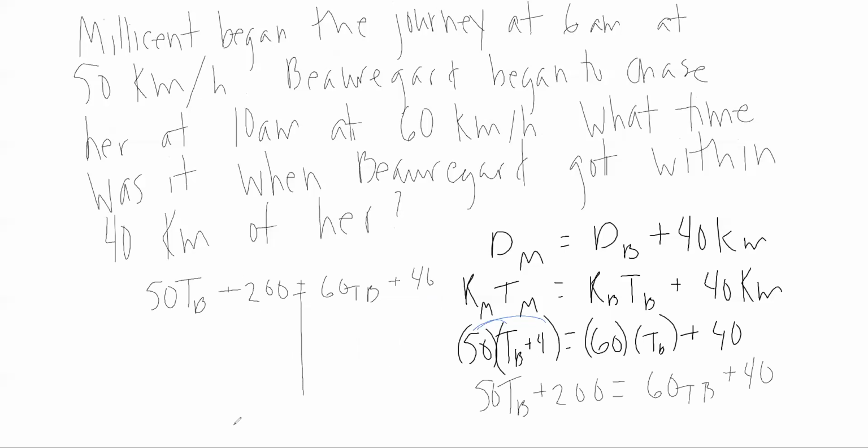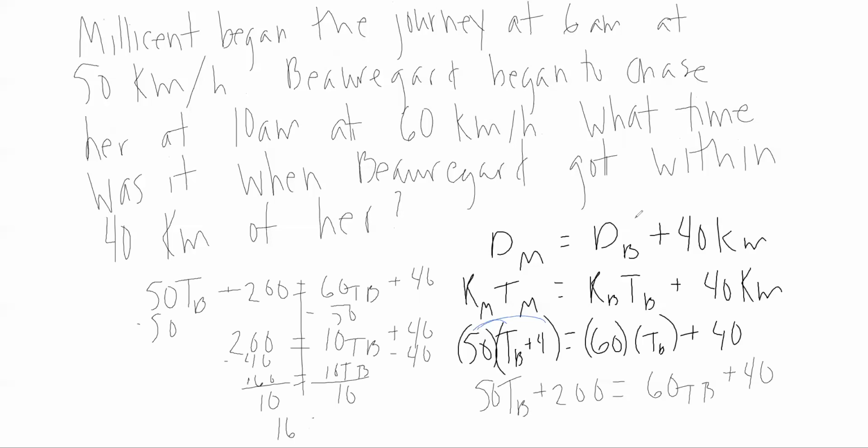I'm going to subtract my smaller variable. So I have 200 equals 10 TB plus 40. Subtract the 40. And I have 160 equals 10 TB. Divide both sides by 10.